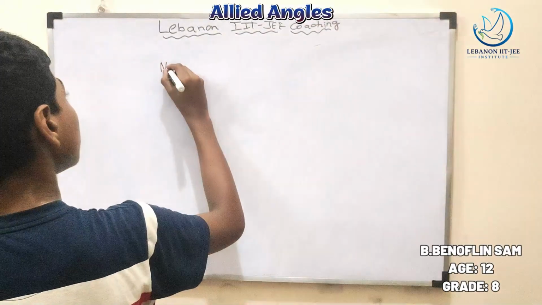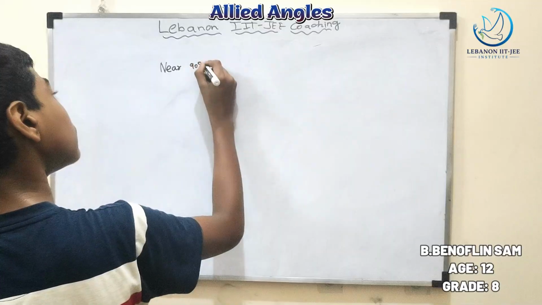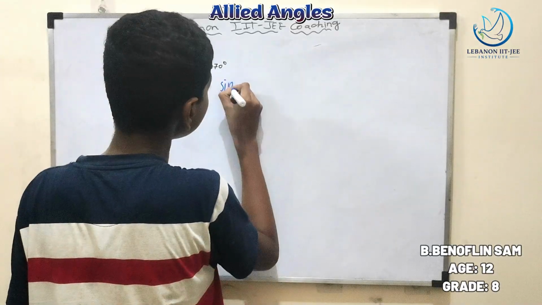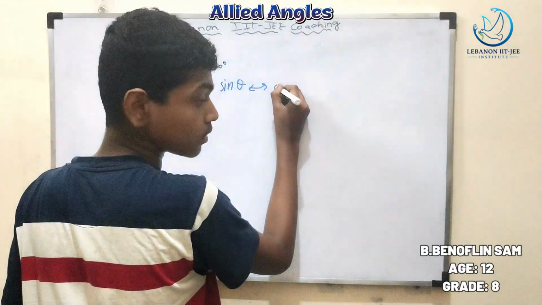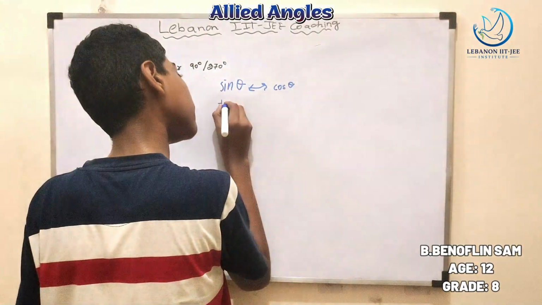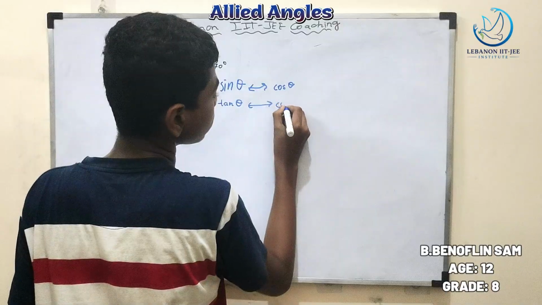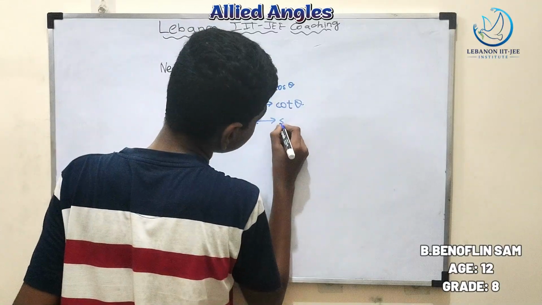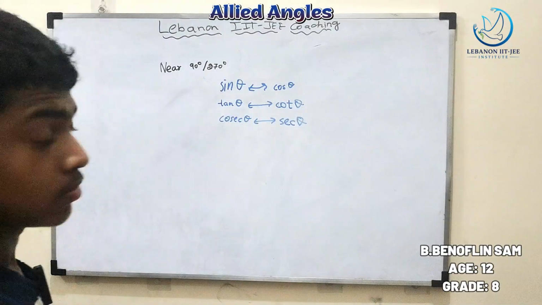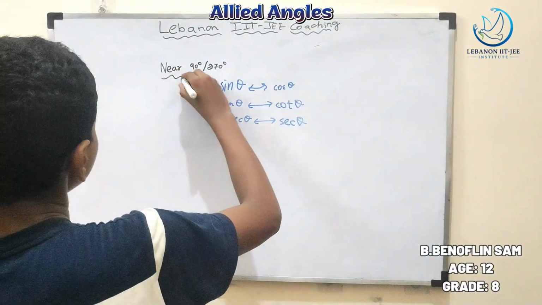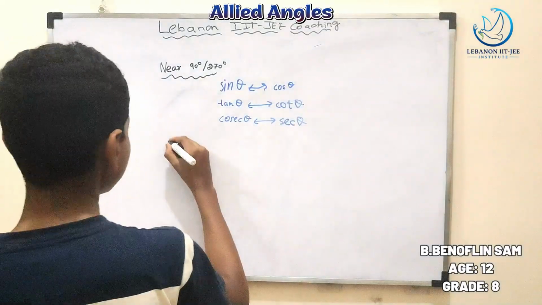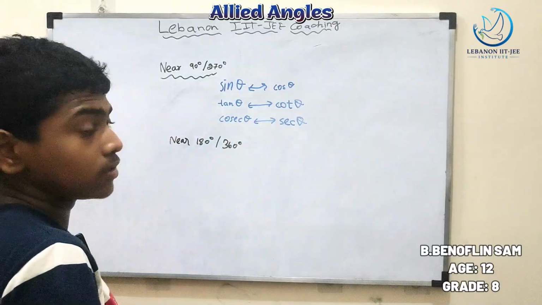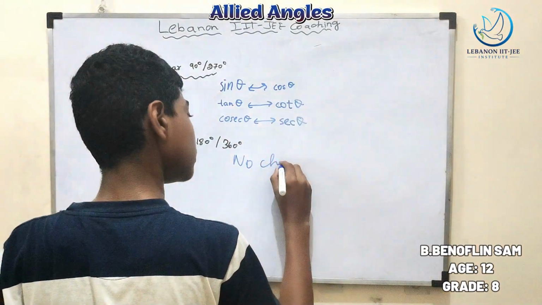If the angle is near 90 degree or 270 degree, then sine and cos, tan and cot, and cosec and sec change, together. If it is near 180 degree or 360 degree, then there is no change.